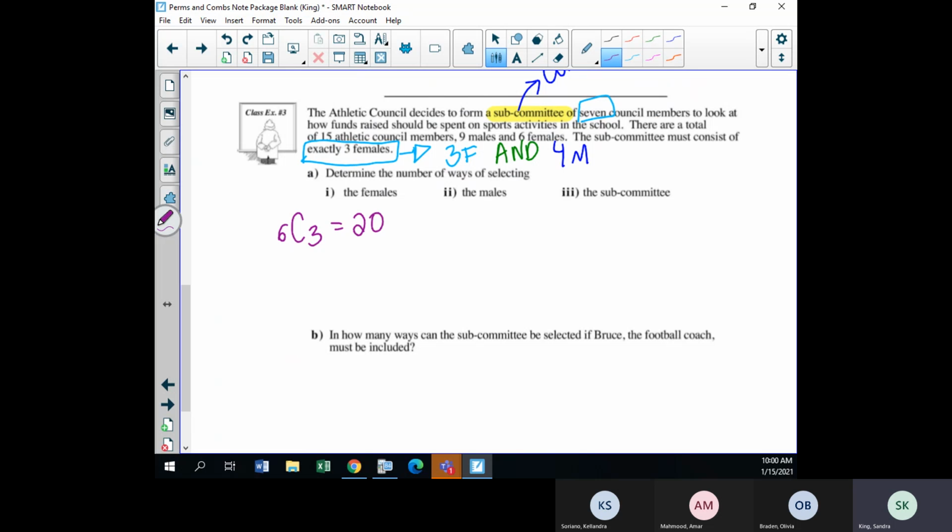There are 20 ways of selecting 3 females from 6. Now the males. They need 4 guys and have 9 to choose from, so that's 9 choose 4, which is 126.